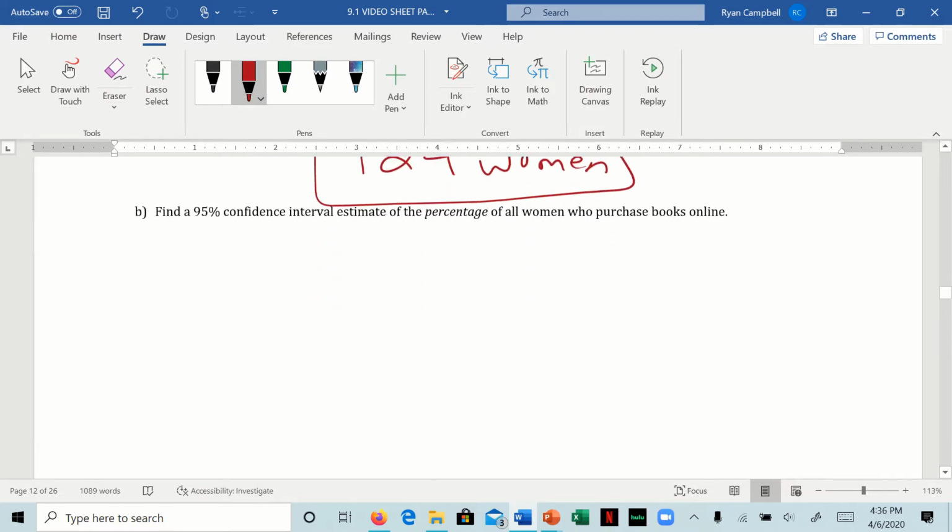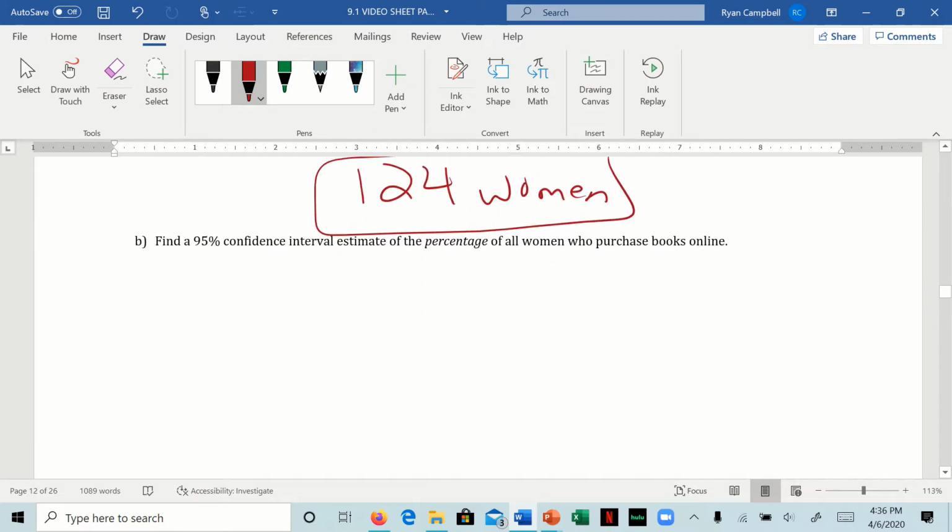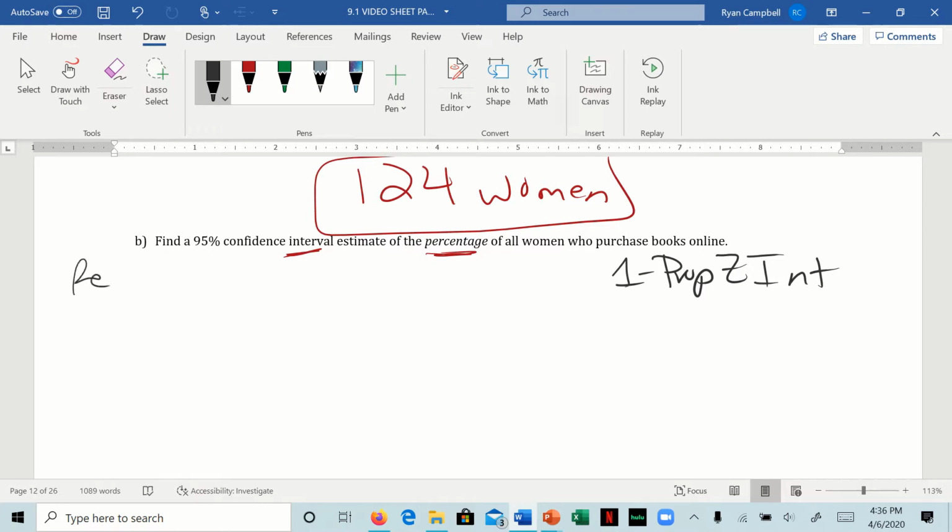So part B, find the 95% confidence interval estimate of the percentage of women who purchase books online. So it says interval and percentage, so we're going to do 1 prop z int. But again, let's just look at our requirements. Make sure all the requirements work.